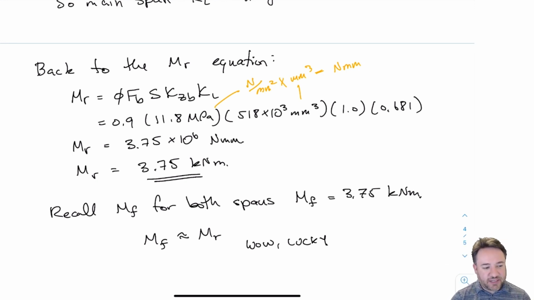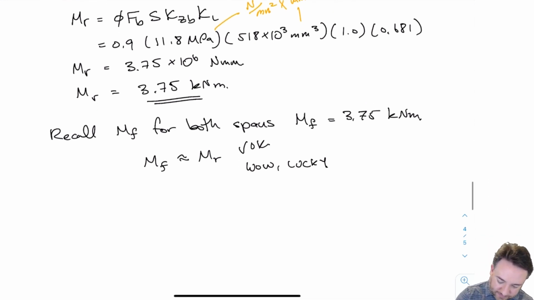So this is a bit of a bad example in that sense, that I'm very unlikely to get a resistance exactly equal to my moment capacity, my applied moment. Hopefully I'm not 100% over, MR over MF, right? I should be in some kind of reasonable range. Okay, so now that we have done all that, we've checked our moment capacity and everything is great. So this is okay. And the next thing that I want to check is my deflection.